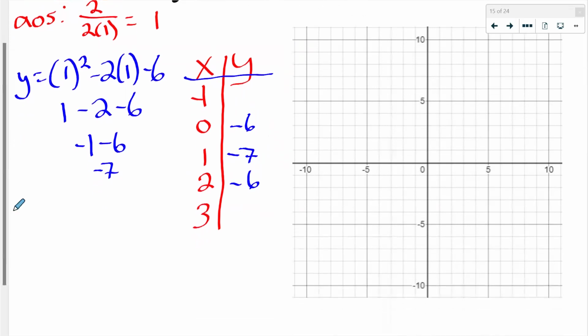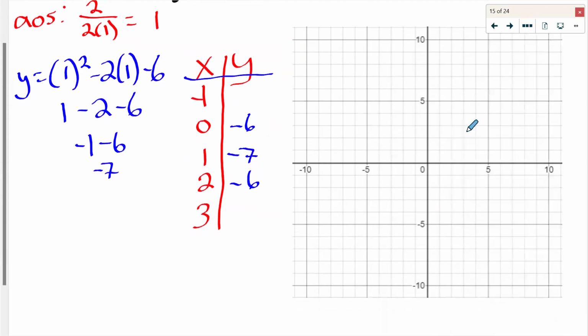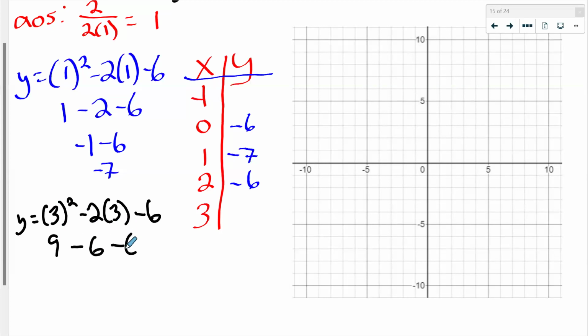I'm going to do the +3 just because I sometimes don't like to work with negatives. So y equals 3 squared minus 2 times 3 minus 6. Remember, we're just substituting the x value into the equation. We have 9 minus 6 minus 6. 3 minus 6, we get -3. And those are our points.